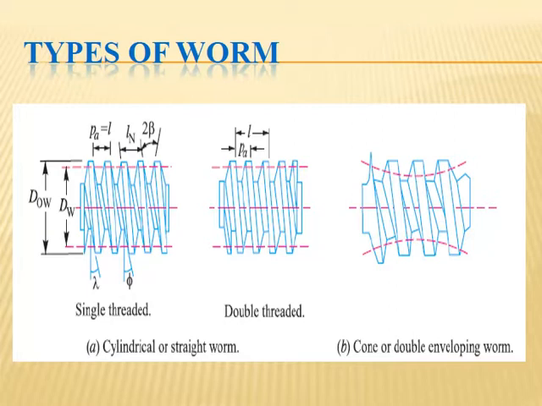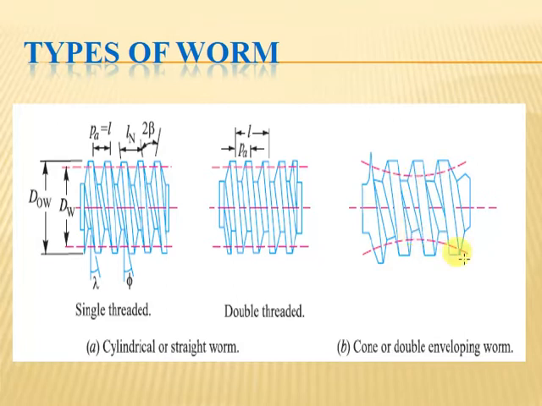However, at high speed, more heat is generated and hence an effective lubrication system is necessary. In addition to this, the system needs more accurate alignment and mounting. The double enveloping gear pair is difficult to manufacture.